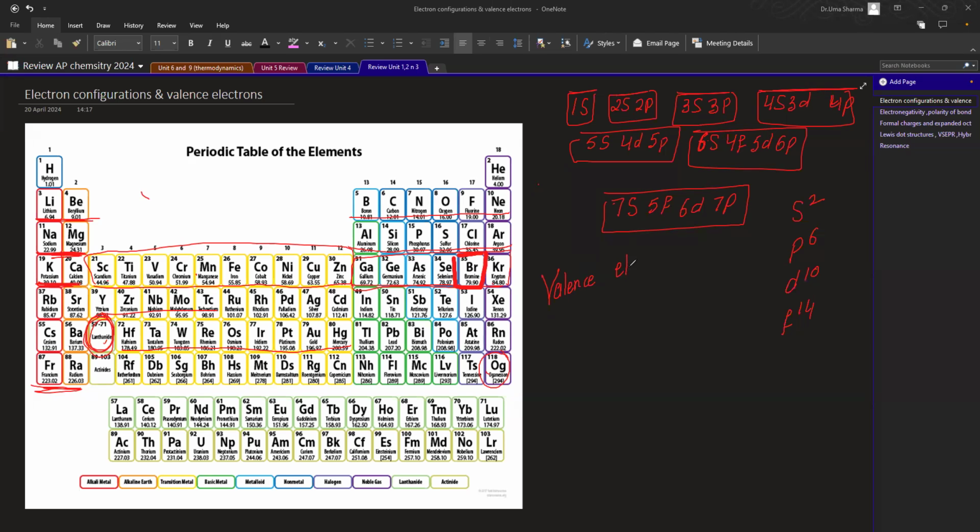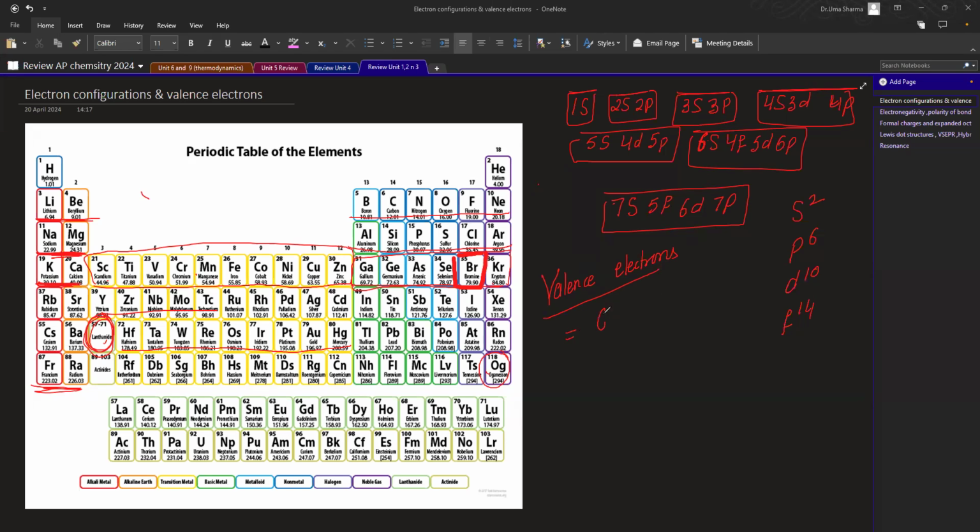Okay, now what's the meaning of valence electrons? The electrons present in the outermost shell. Outermost shell means the one with the highest number of n, the shell number.